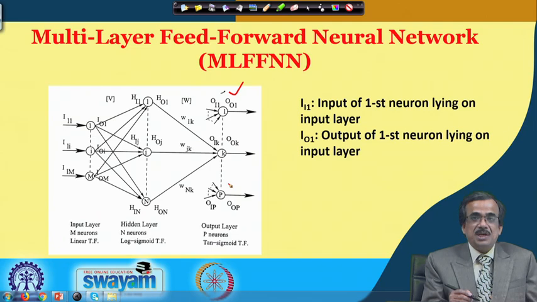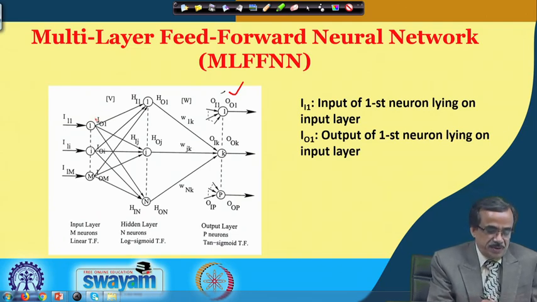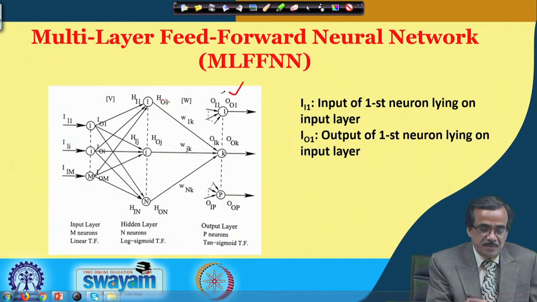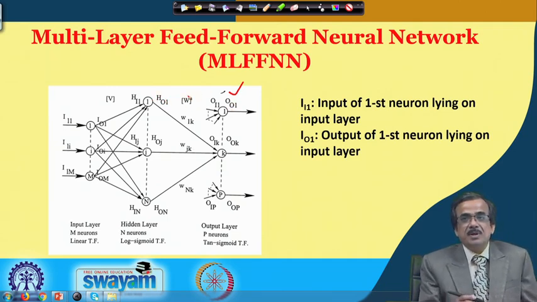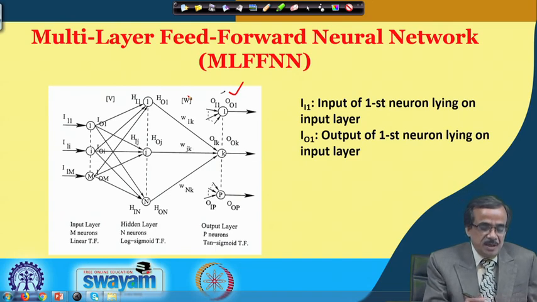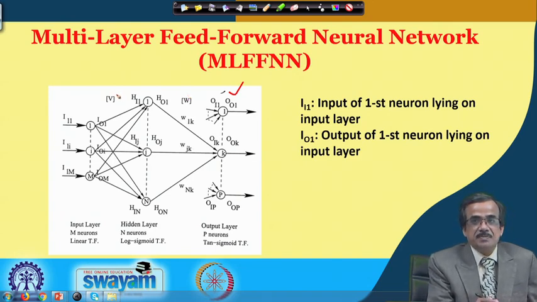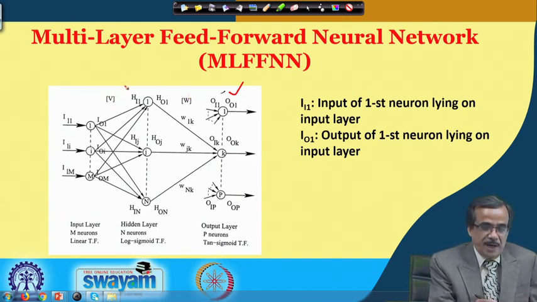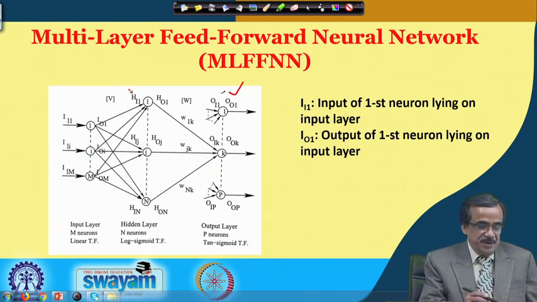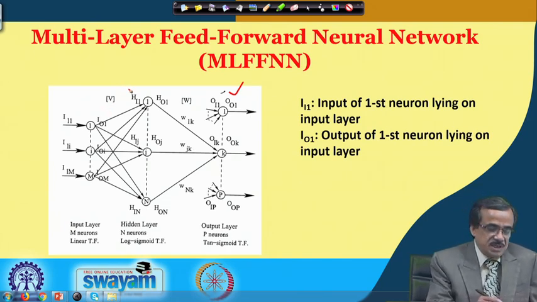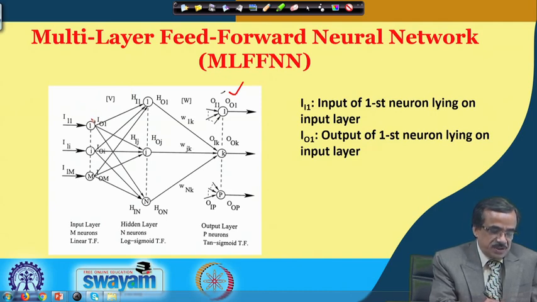Here you see the connecting weights between the input and the hidden layer is denoted by V, and that between the hidden and the output layer is denoted by W. We have already mentioned the range for the connecting weights could be either from 0 to 1 or from -1 to +1.